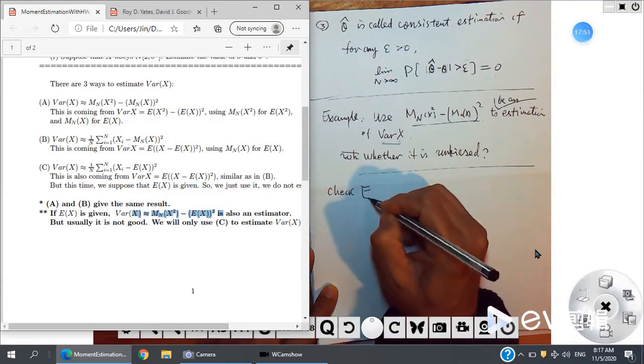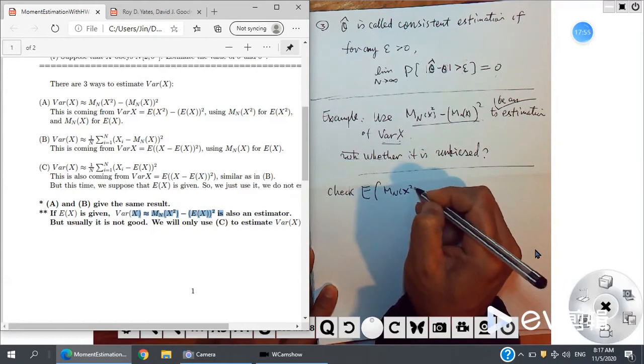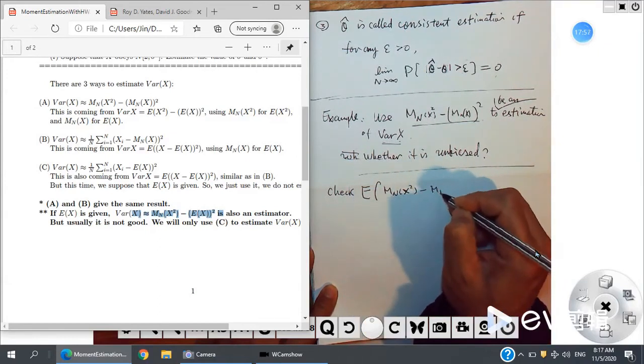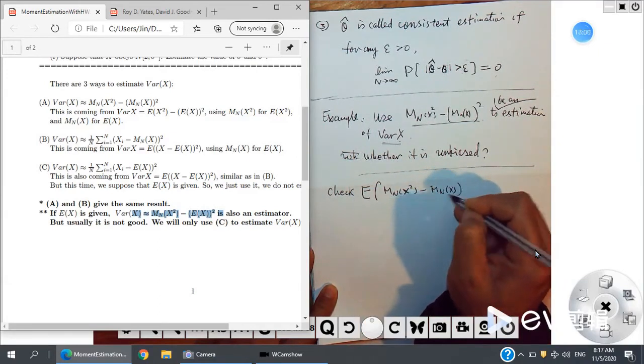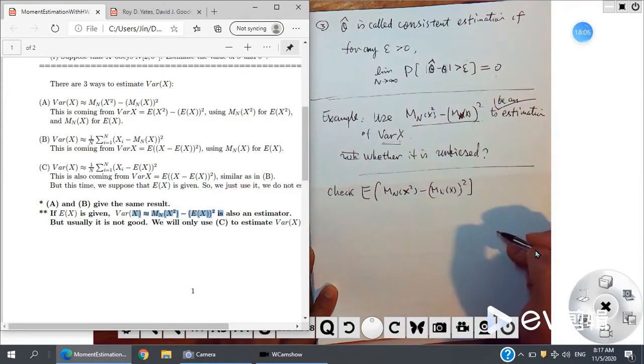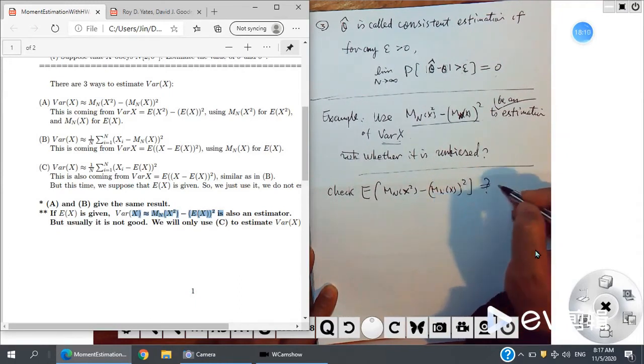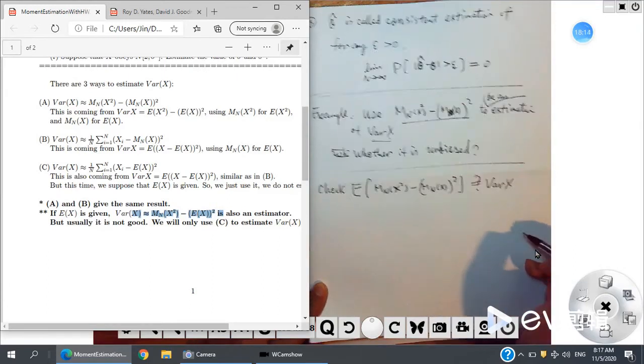E of m_N of x squared minus (m_N of x) squared. Here is capital N. Whether this equals the variance of x, we need to do a calculation.